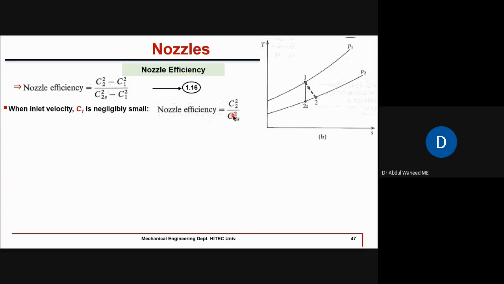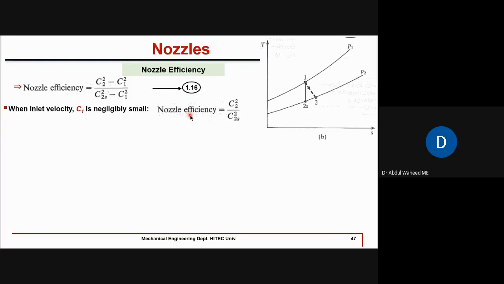So now why are we defining this term nozzle efficiency? Because there is friction. Whenever there is a fluid flow through a pipe, it experiences friction, and due to friction, we have to define this efficiency, which is not 100%, because we cannot avoid friction or the heat generation due to frictional effects.